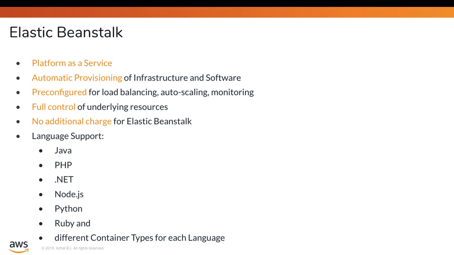It provides pre-configured load balancing, auto scaling, things like that. It would provide full control of your underlying resources as well. And most importantly, Elastic Beanstalk is a free service, but any resource that is created as part of this service is chargeable.